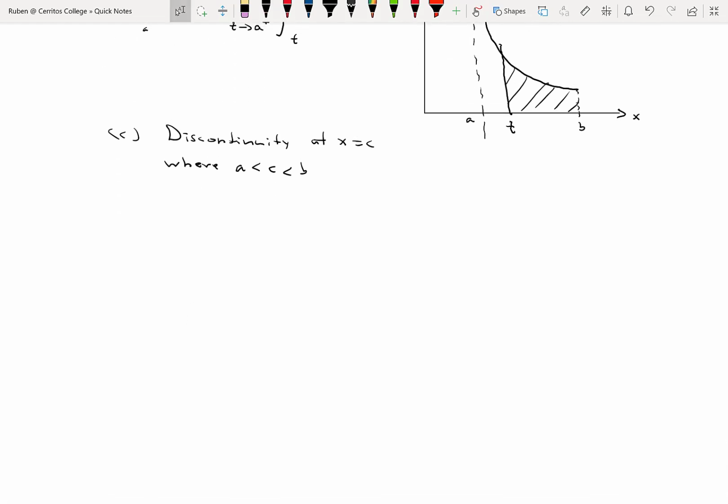So what that means graphically is this. We have a function, and at some point x equals c, the function has a discontinuity. That c is somewhere between a and b. So b here. Let's say the function does this.